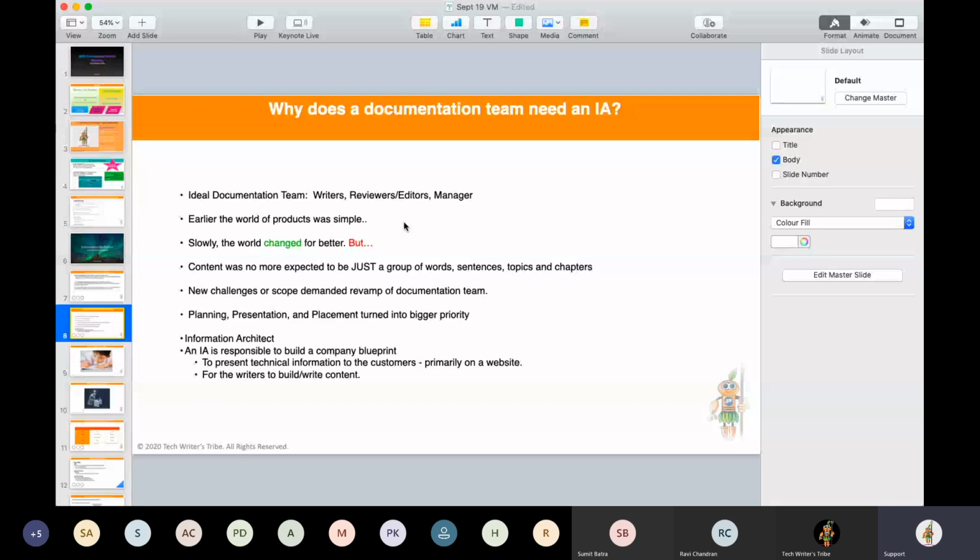Then we have editors who ensure the organizational documentation standards. And then we have managers who are technically supposed to plan the overall content delivery in a project, and they also manage resources. All these together, what do they do? The overall team goal is to follow the instructions of engineering or product management, or in some cases directly management, and just provide the documentation output. That's what overall we do.